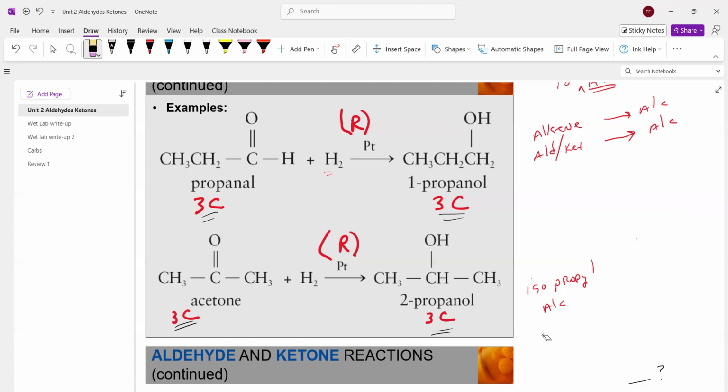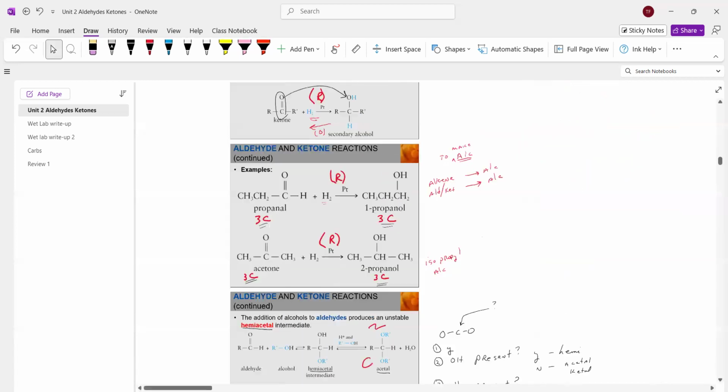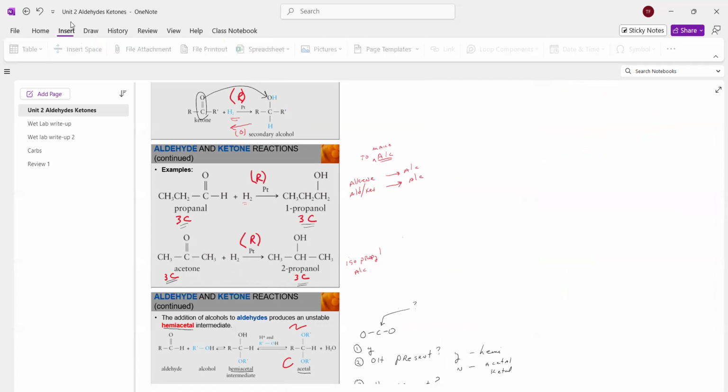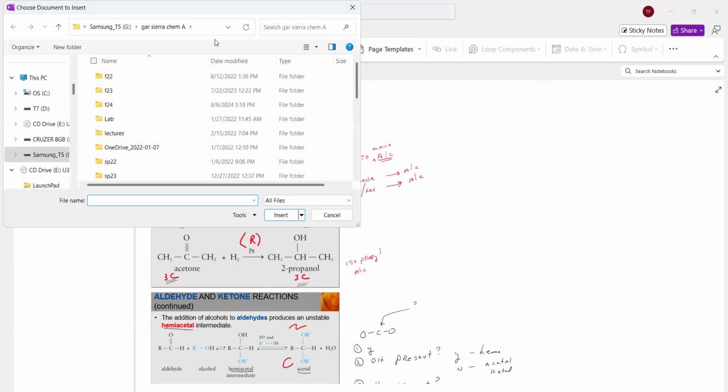So let's do some examples before I go on. Let me grab a flow chart. I don't see one on here. I see one.